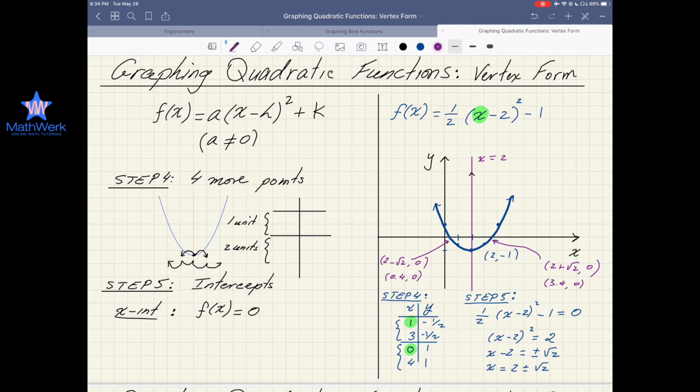Now for the y-intercept, it's actually much easier. For the y-intercept, instead you plug in 0 for the x value. So notice how the 0 is for the function value for the x-intercept, and 0 is for x equals 0 for the y-intercept.